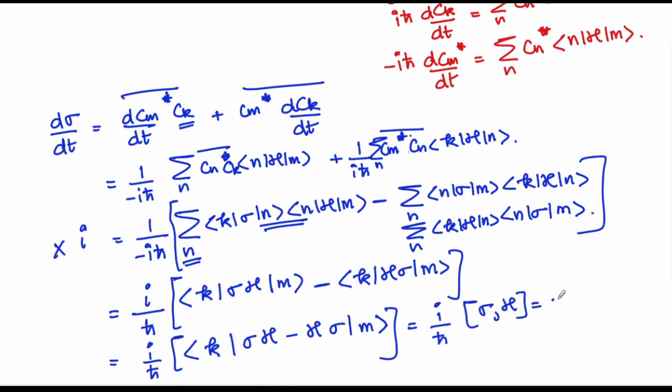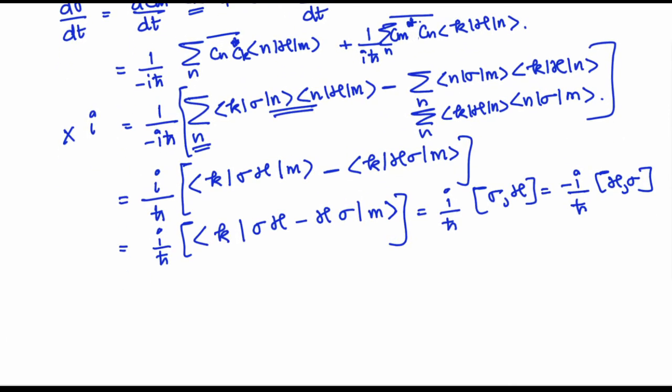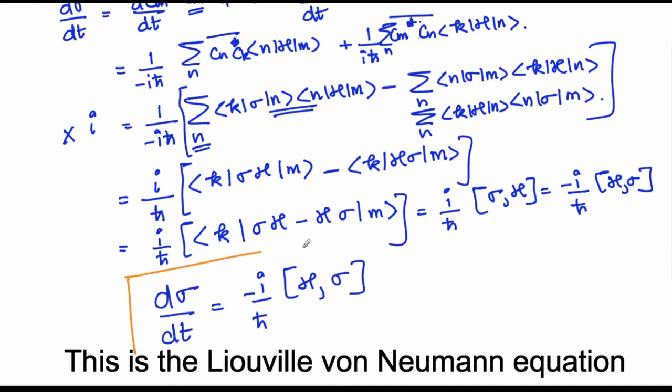Generally this expression is given as minus i times [Hamiltonian, sigma]. This is an important inference that we have come to, that is, the change of the density matrix as a function of time is given by i times the commutator between the density matrix and the Hamiltonian.